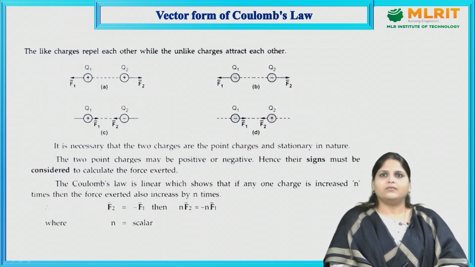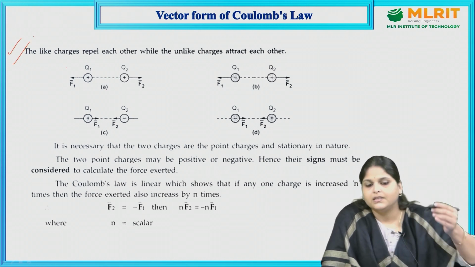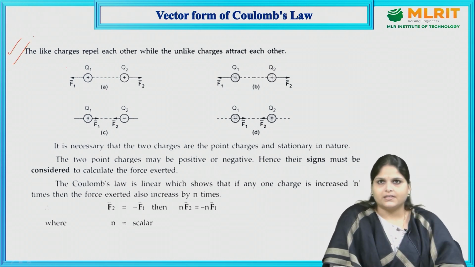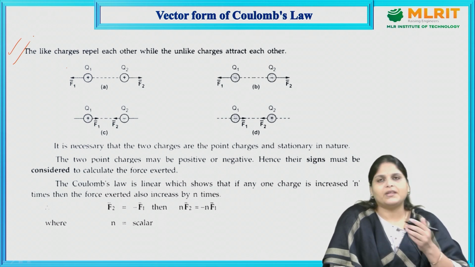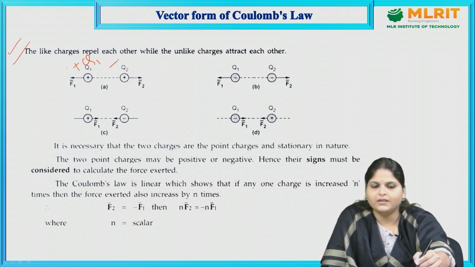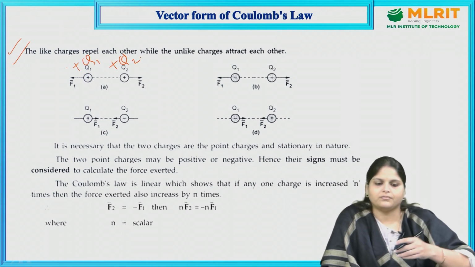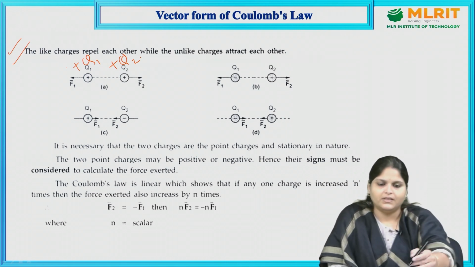There are some more points which we must know. The first point is that like charges repel each other while unlike charges attract each other. Meaning of this, if you have both positive charges, suppose plus q1 plus q2, so the force will be in the opposite direction because they are repelling each other. You can see here.